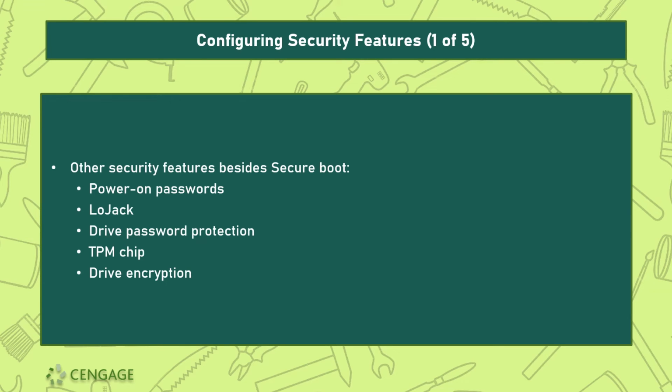TPM chip, this kind of ties in with the encryption item, except it uses what's called a BitLocker platform key, where essentially there's a key generated by your motherboard when you first do the encryption, and if your hard drive is ever removed from that computer, it will no longer recognize the same platform code. So that means that it will say, nope, not the right one, I'm not going to activate. You can't access anything on the drive because it's fully encrypted. And then drive encryption as a standalone is also available.